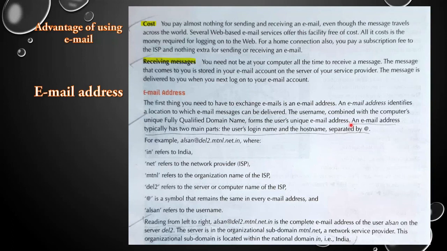The email servers provide the users a unique email address which can uniquely identify the email location. So an email address typically has two main parts, the user's login name and the host name, separated by @.